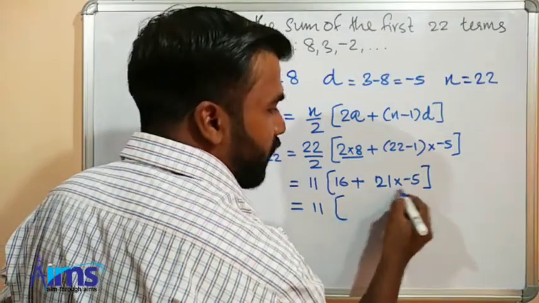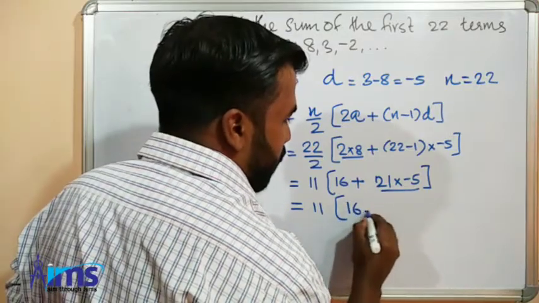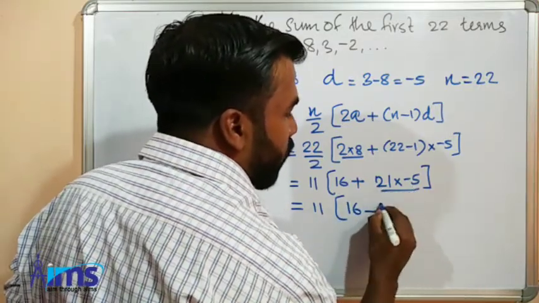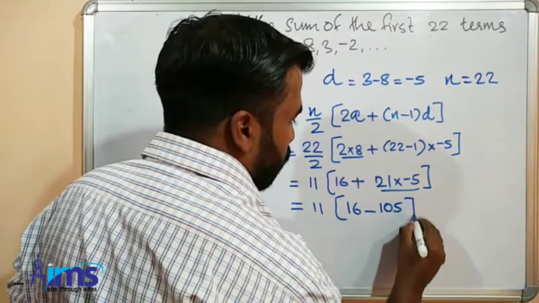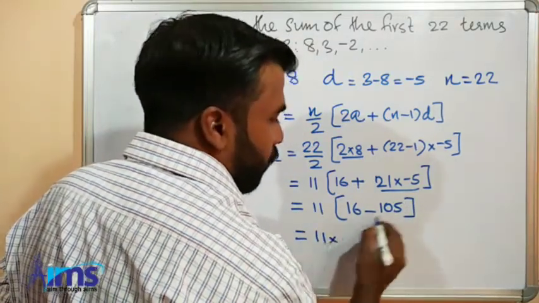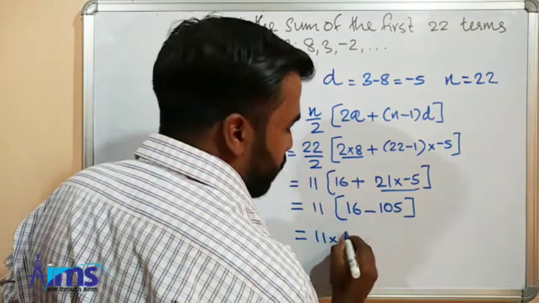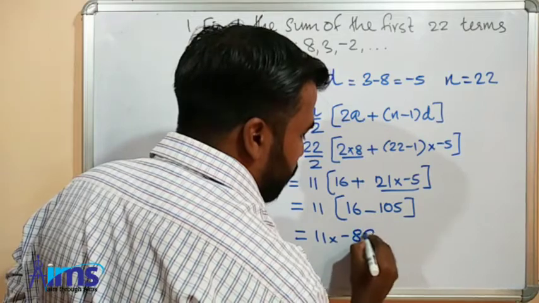We have to multiply first, that means 21 into minus 5, that is 16 minus 105. So that is equal to 11 into minus 89.